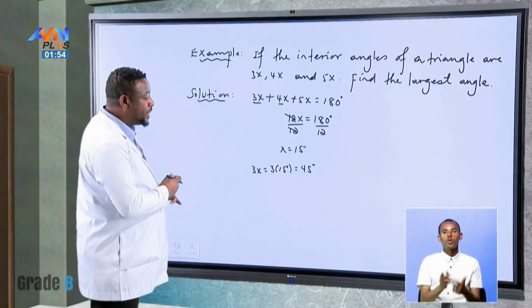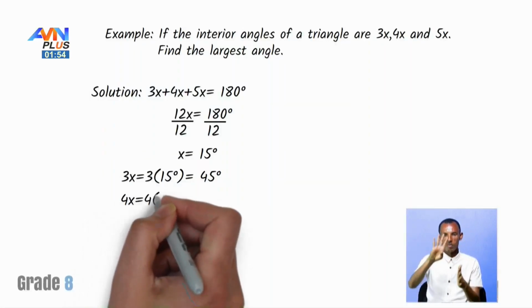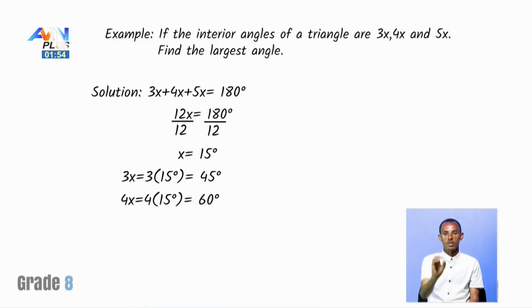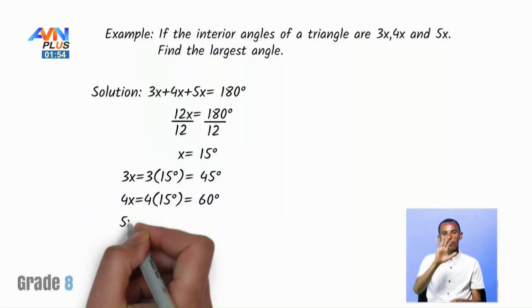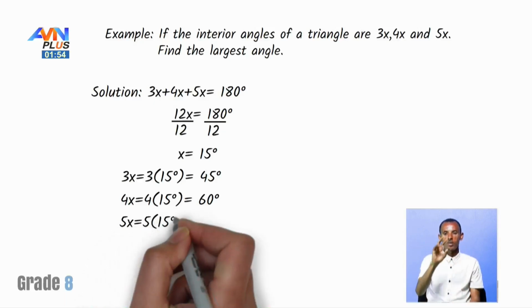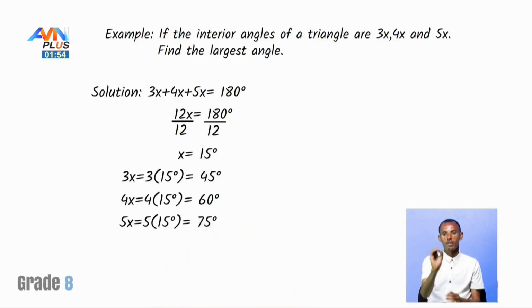The other one is 4x, which means 4 times 15 degrees, which is 60. And the third angle is 5x, which is 5 times 15 degrees, and 5 times 15 means 75 degrees, right?